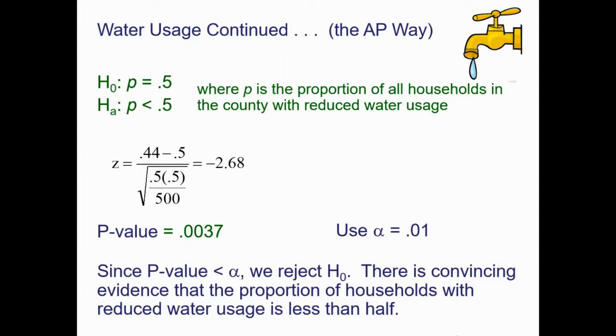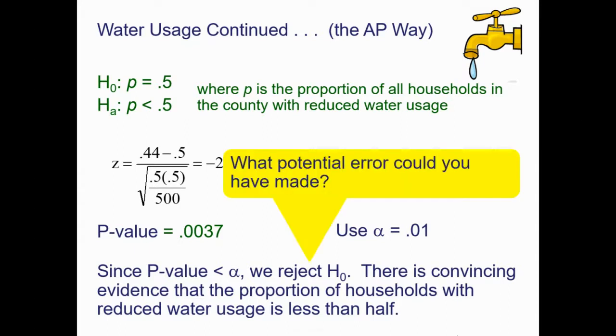Now, since we rejected H naught, what kind of error could we have made if we made one? It's a type 1 error, that's right. Not saying that we did make one, but it could be a type 1 error.